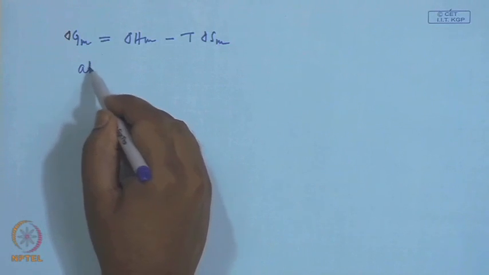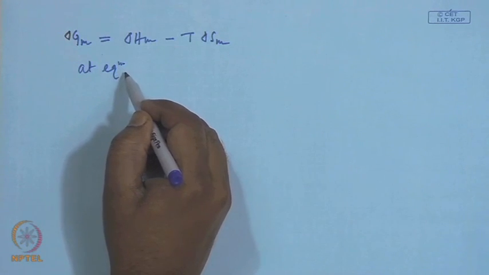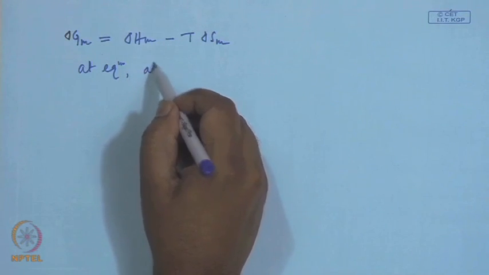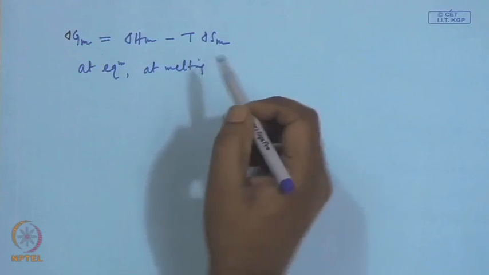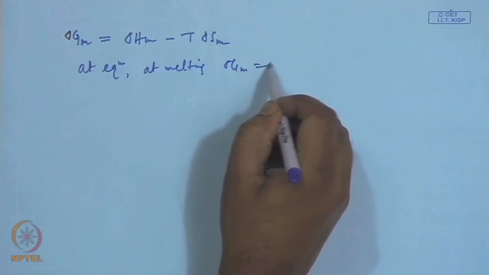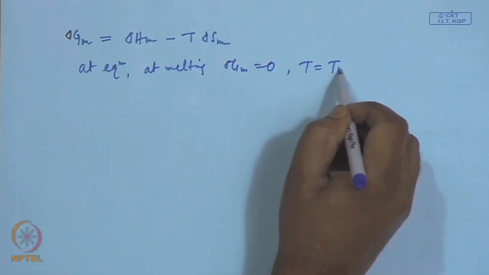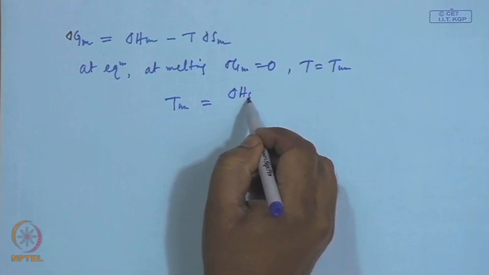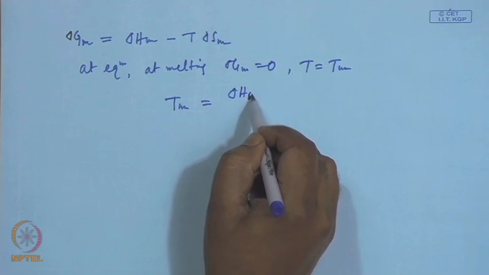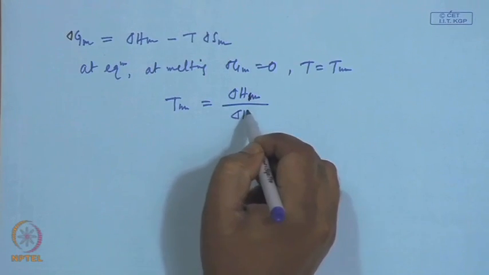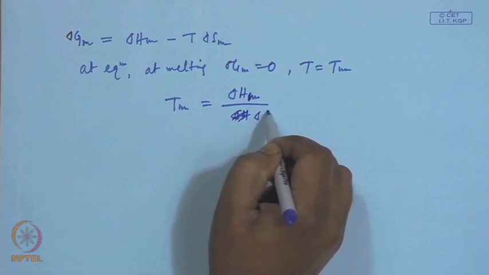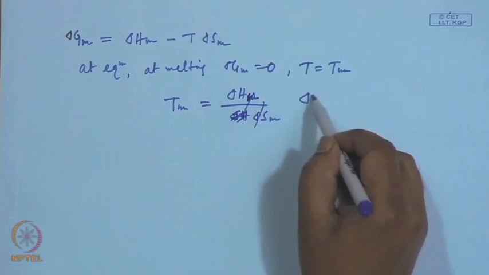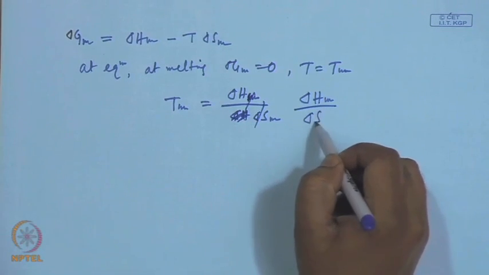Now, at equilibrium, which is the case of melting, at melting delta G m would be 0, T is T m, the melting point, hence T m is given by delta H m by delta S m.